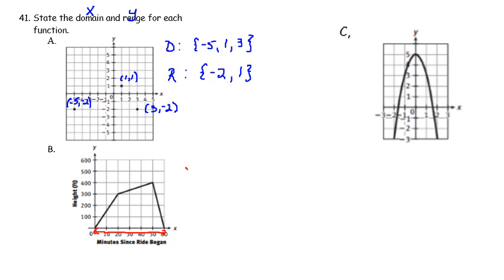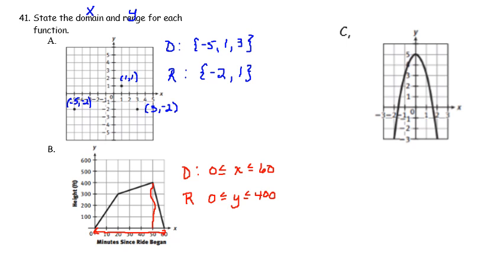I always like to start with the lowest number, so 0 is less than or equal to x, is less than or equal to 60. And then the range, we're going from the low to the high, and it's going all the way up to this number right here, which is 400. So that would be 0 is less than or equal to y, is less than or equal to 400.